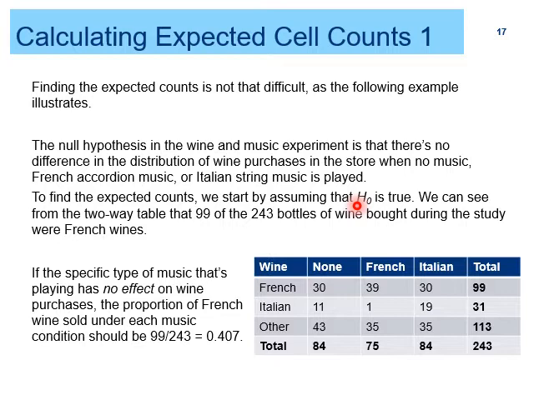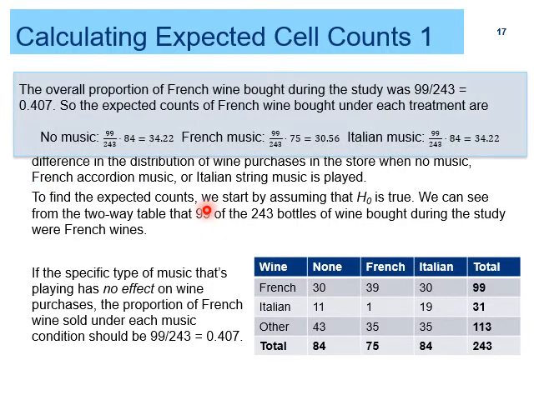And we can see from the two-way table that 99 of the 243 bottles of wine bought during the study were French wines. Similarly, we can get the proportion. So we got 99 divided by 243 multiplied by 84.